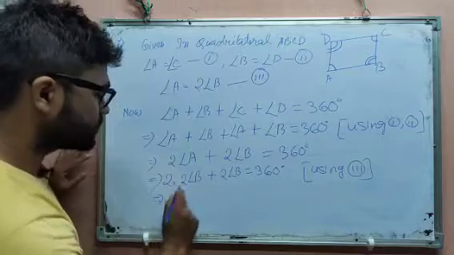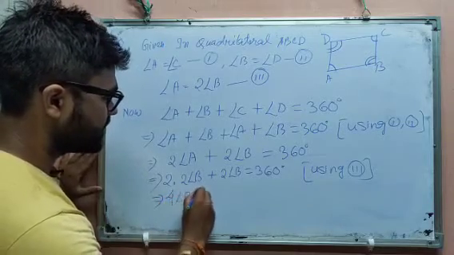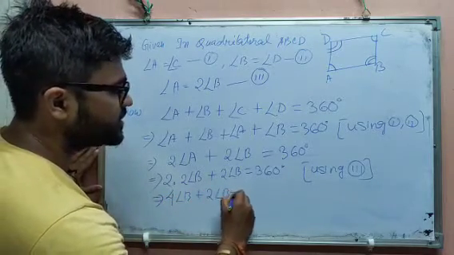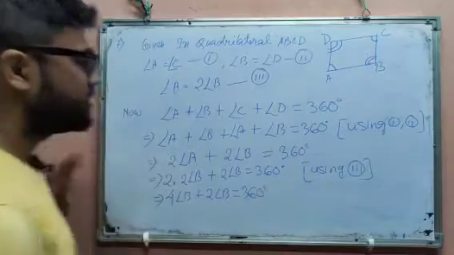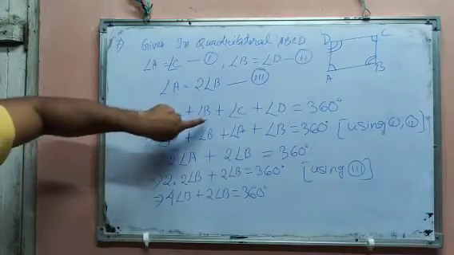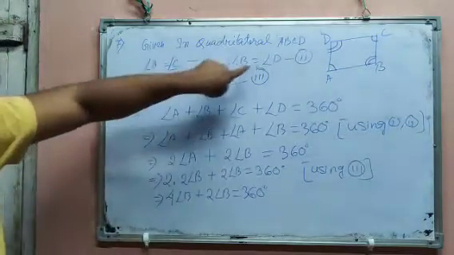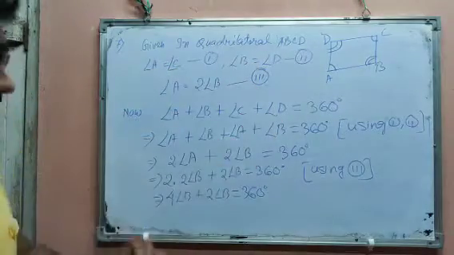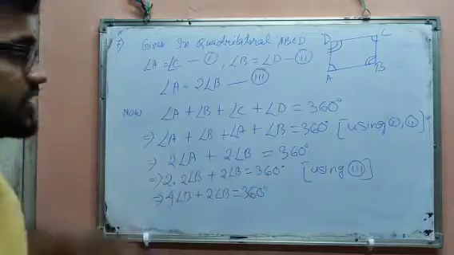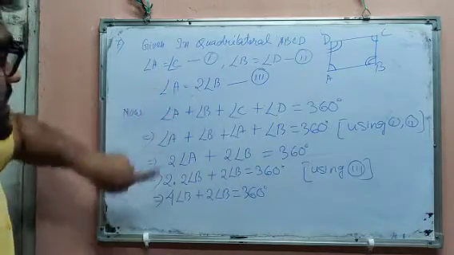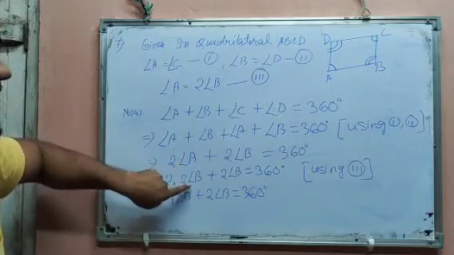That means 2 into 2, 4 angle B plus twice of angle B equal to 360 degree. Why is it happening? Because in place of C we are writing A, in place of D we are writing B. Then again using 3, A equal to twice of B, so 2 into, in place of A we are writing twice of B.